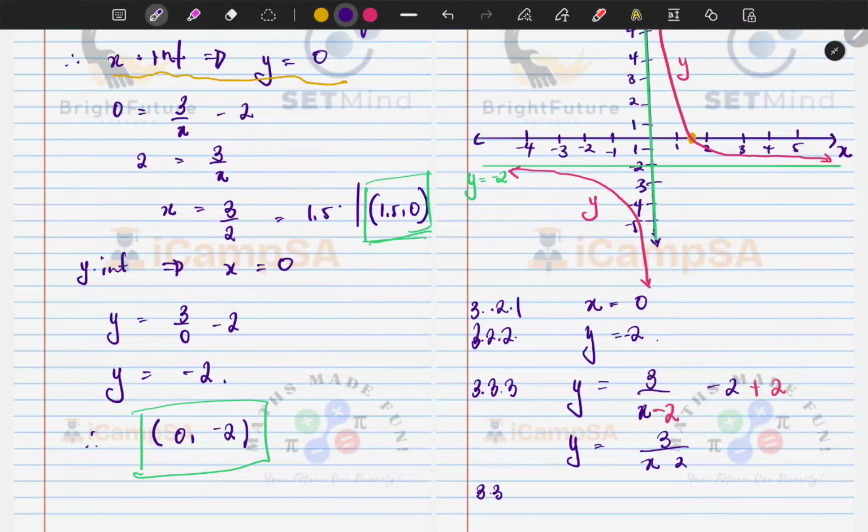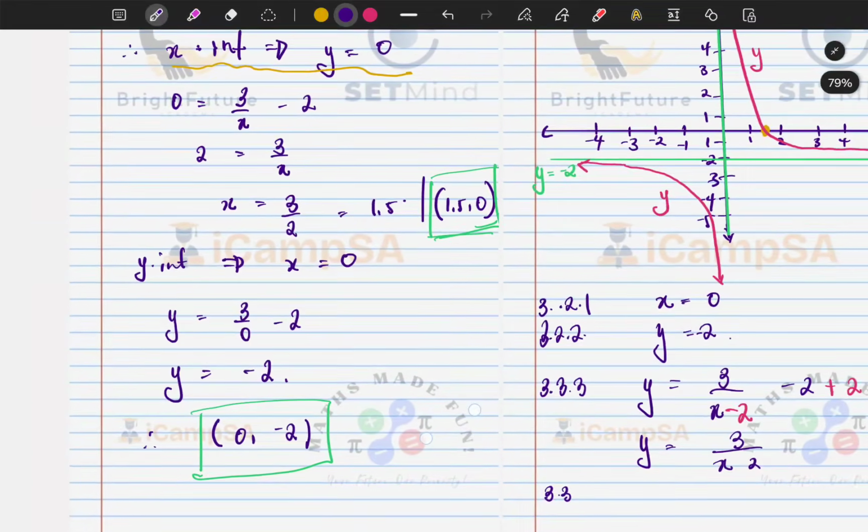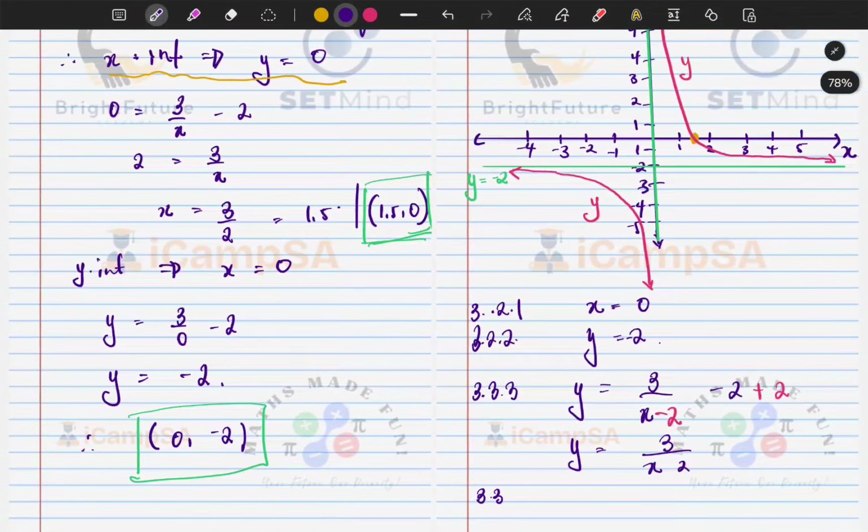Let me see something. Your y-intercept, I just want to confirm something. Your y-intercept means that your x should be 0.